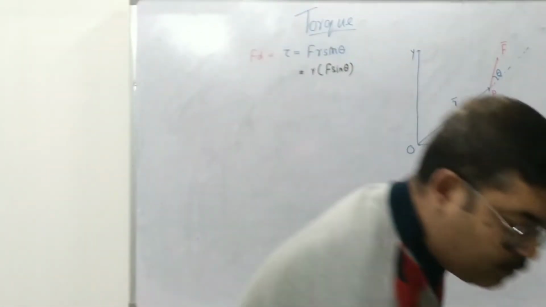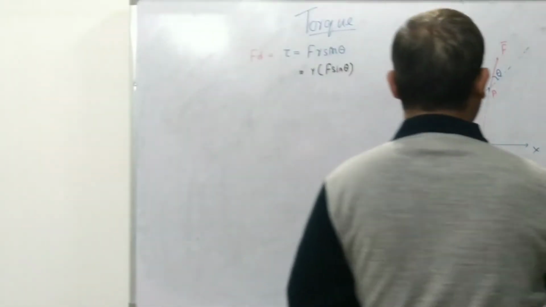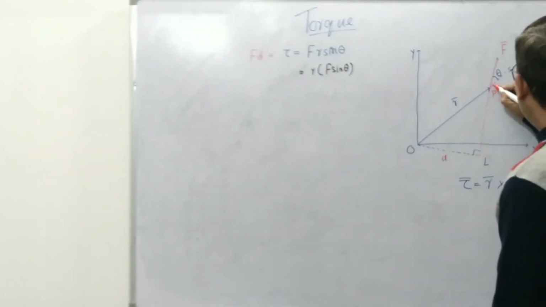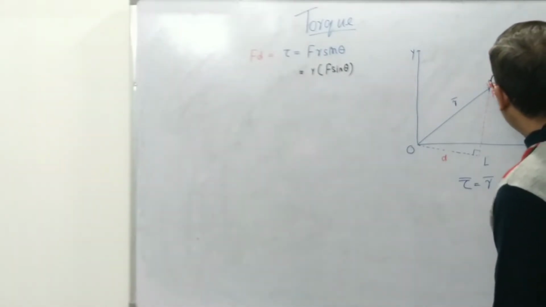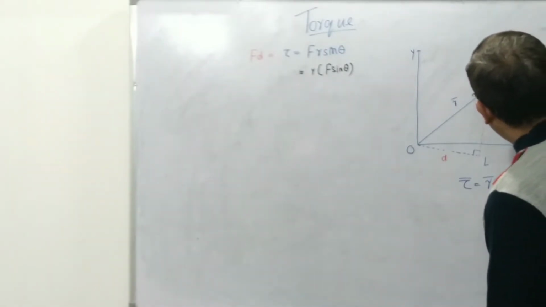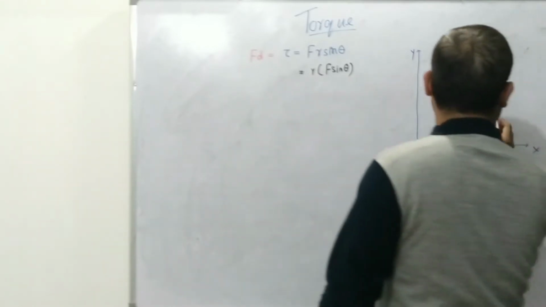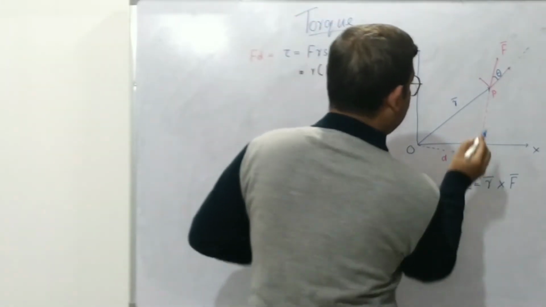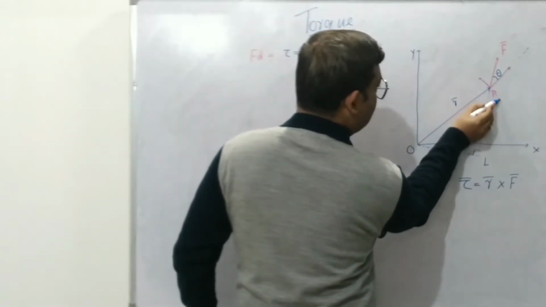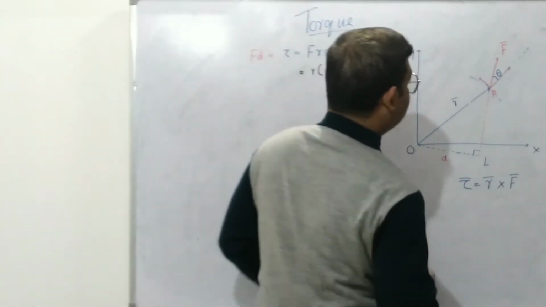So, if we resolve this force vector into two components, one along the radius vector and one perpendicular to the radius vector. Perpendicular to the radius vector means it will be along the tangent to the circular path of the particle that will be moving in this circular path.